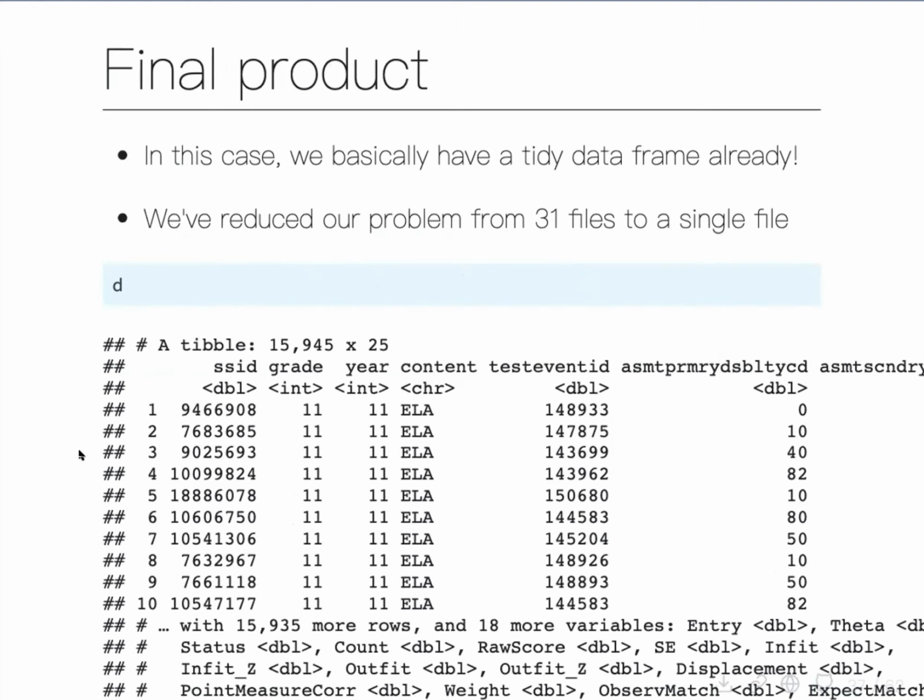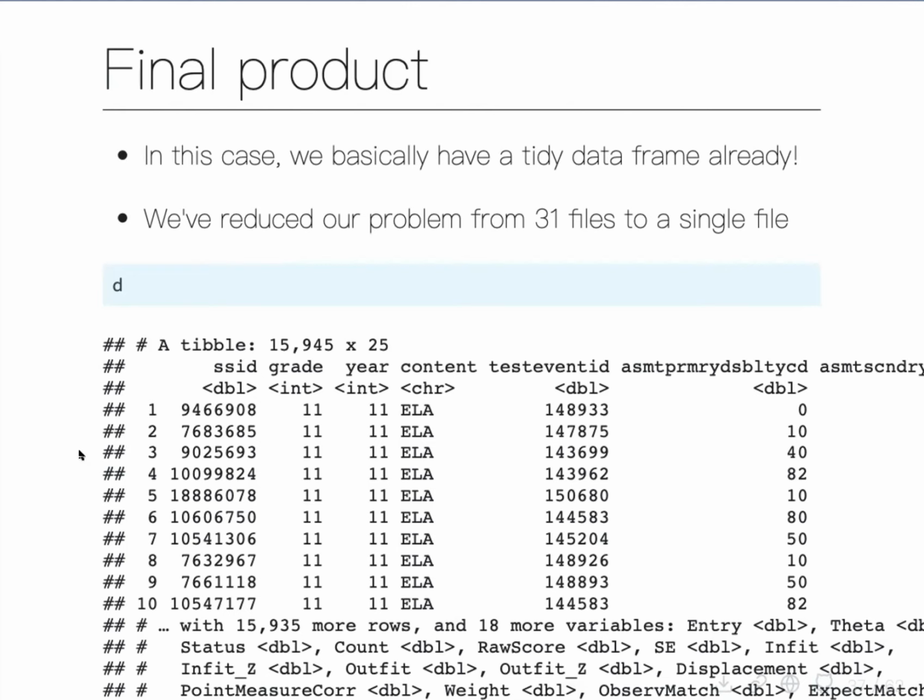But in the work that I do anyway, it's super, super common that I end up with a whole bunch of data sets split by something, right? Like this is a very common example, split by content, grade, year, right? And then I need to read all of that stuff in, and then I can just use some regular expressions to parse from the file name some additional data, and then I have the data set ready to go, all in a single data set.